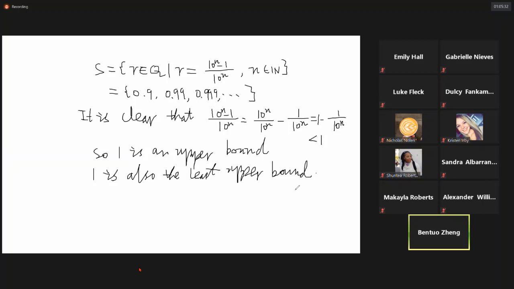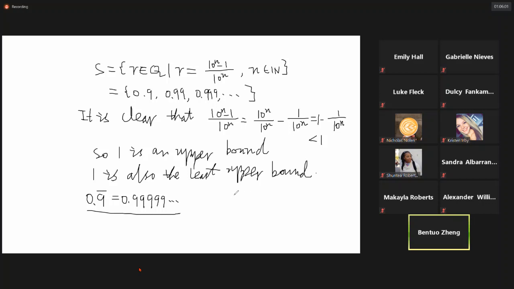But if you look at this number, what about this number, 0.9 repeated, which is equal to 0.999999, you keep going, this number.